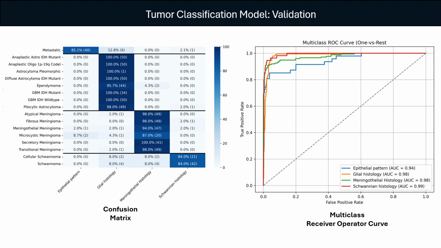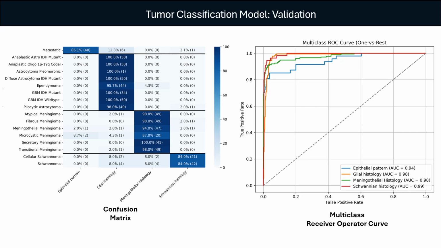For example, we can see that the majority of ependymoma tumors were being labeled as glial histology, which is the correct tumor type for this category of tumors.